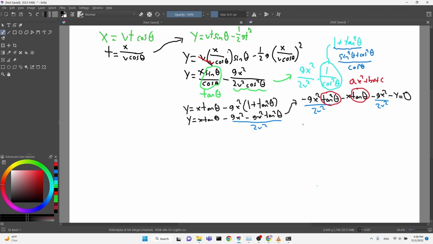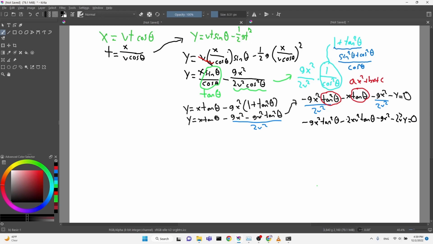You see we have these over 2v squared that are kind of annoying, right? We're just going to multiply both sides by 2v squared, so that we get negative gx squared tangent squared theta minus, I'm just going to rewrite this as, 2xv squared tangent theta minus gx squared minus 2v squared y equals 0.